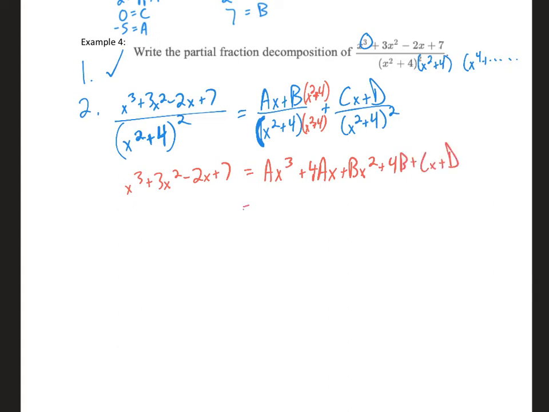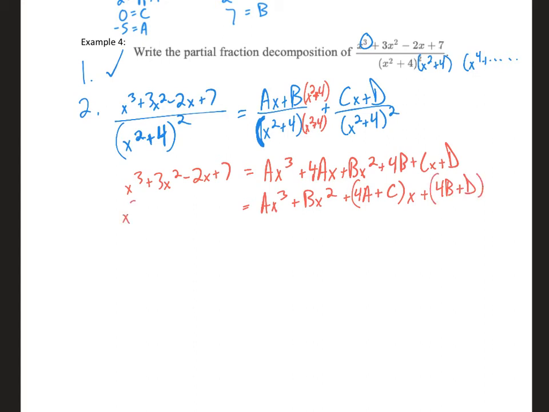So if I reorganize stuff, I've got an ax cubed, that's it. I've got a bx squared, that's it. I've got a 4a and a c that are being multiplied by x. And I've got a 4b plus d that are by itself.